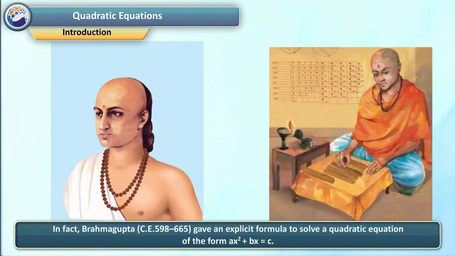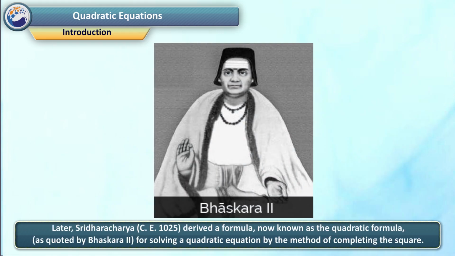In fact, Brahmagupta (CE 598 to 665) gave an explicit formula to solve a quadratic equation of the form ax squared plus bx is equal to c. Later, Sridharacharya (CE 1025) derived a formula, now known as the quadratic formula, as quoted by Bhaskara too, for solving a quadratic equation by the method of completing the square.